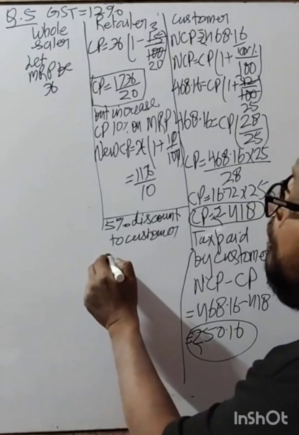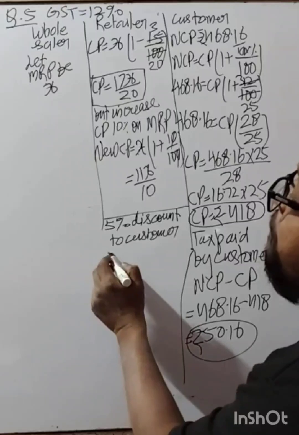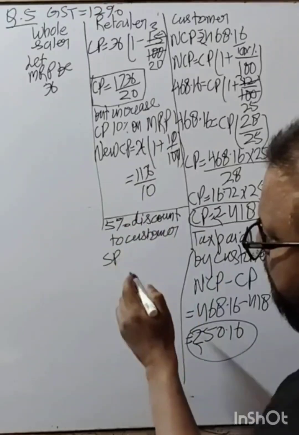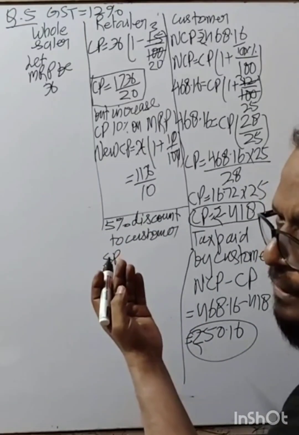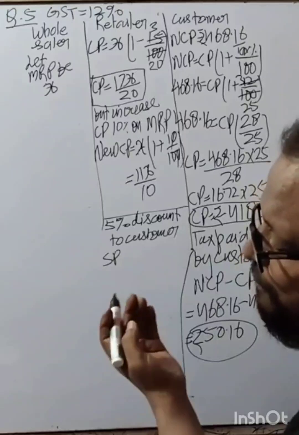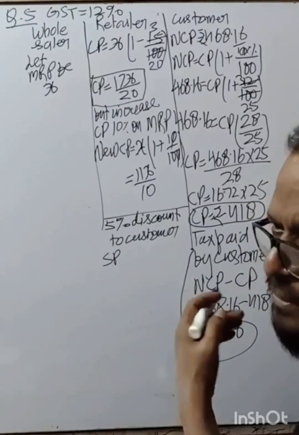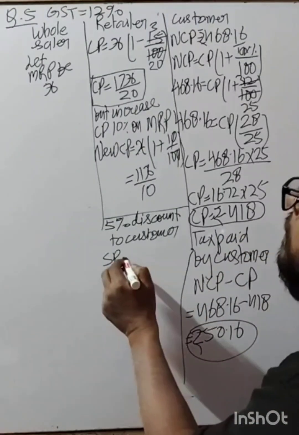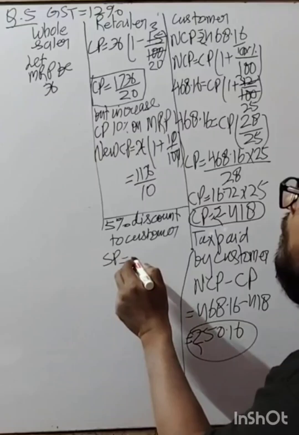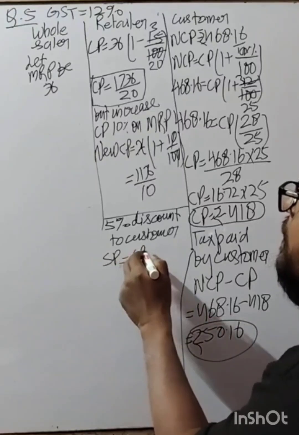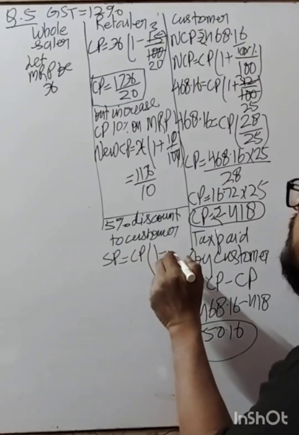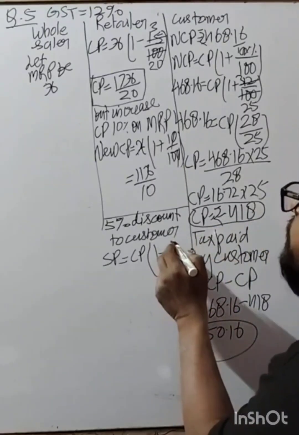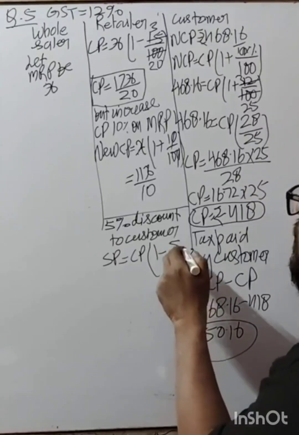So it means the SP of the retailer is equal to the cost price of the customer. The cost price of the customer is 418, so it is equal to CP times bracket 1 minus 5 upon 100, right?